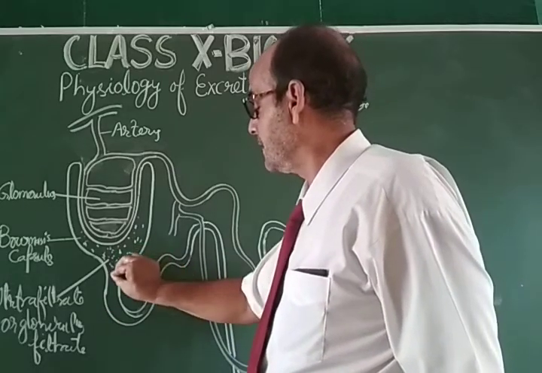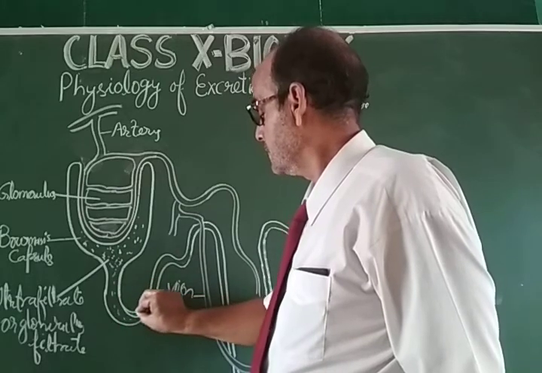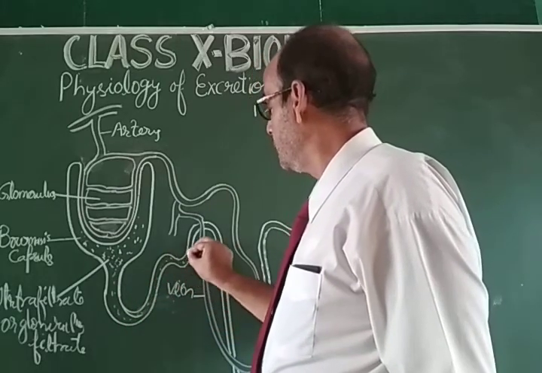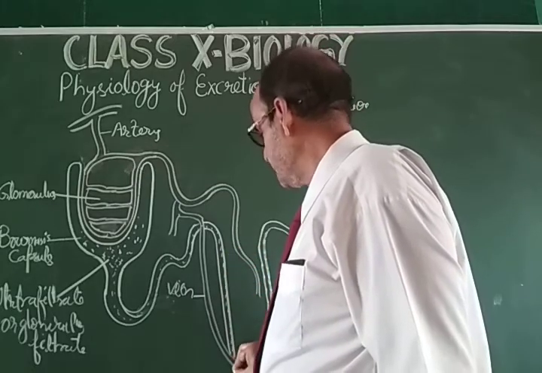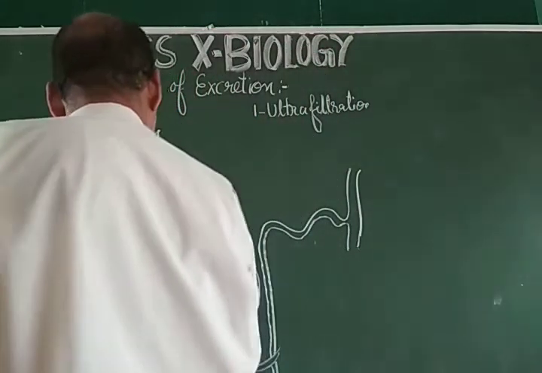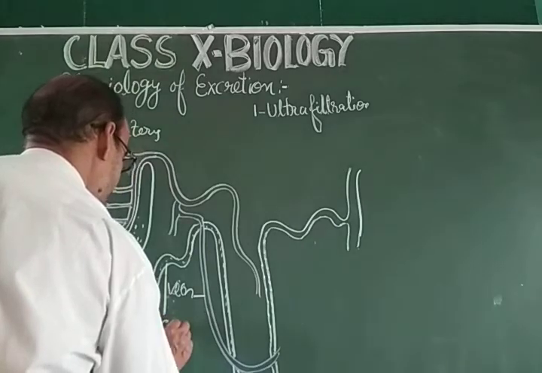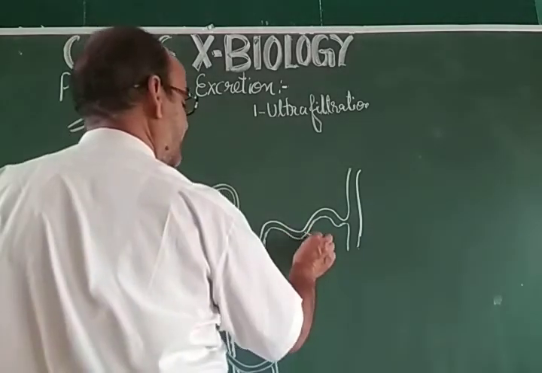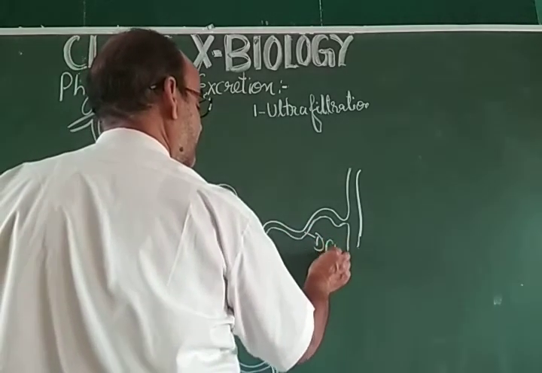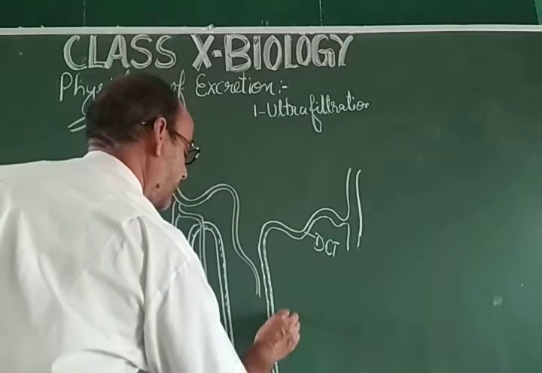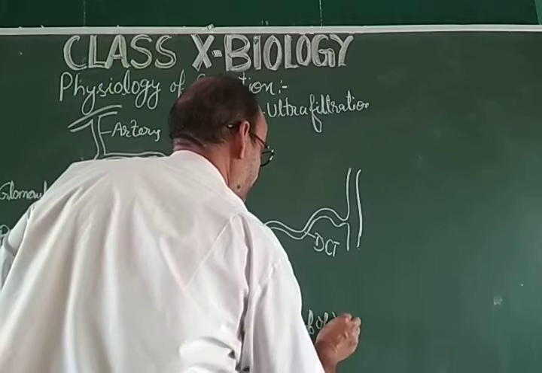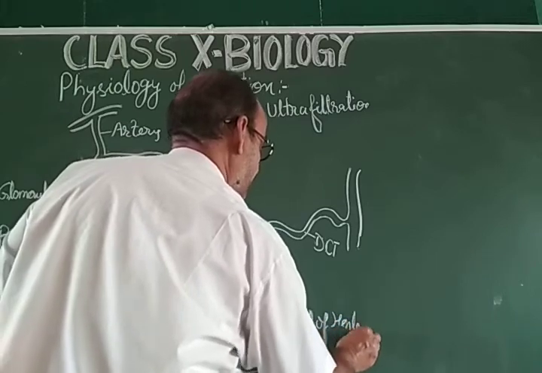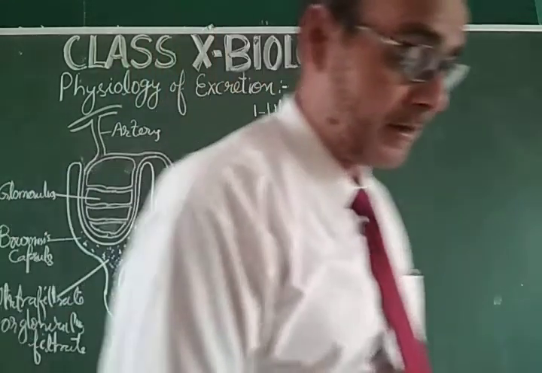And from this point, it runs throughout this kidney tubule. Here this is the PCT, and this is the loop of Henle.